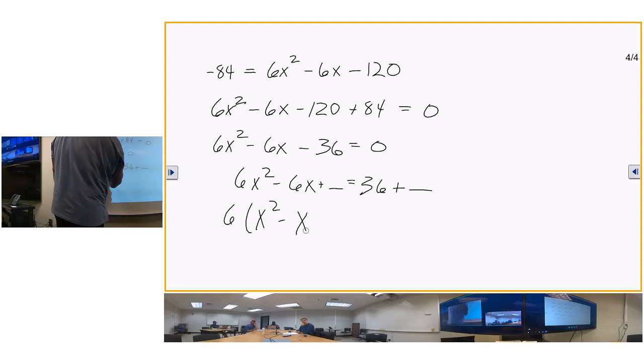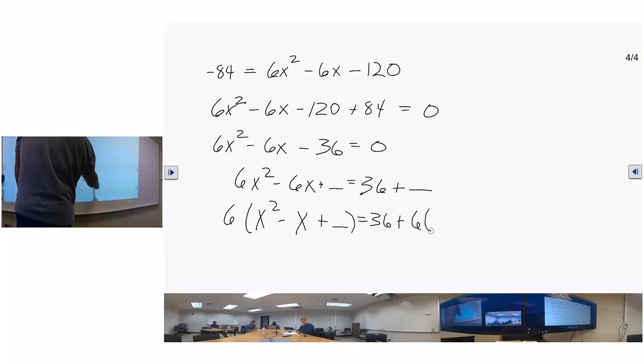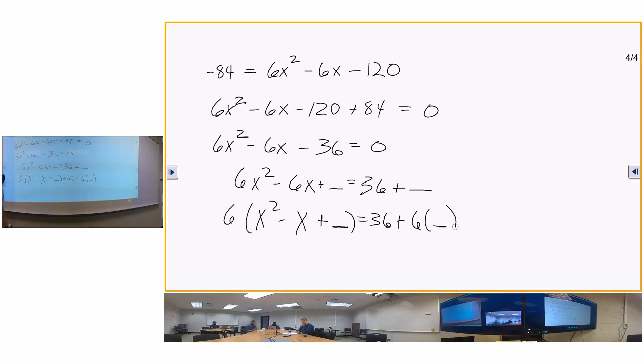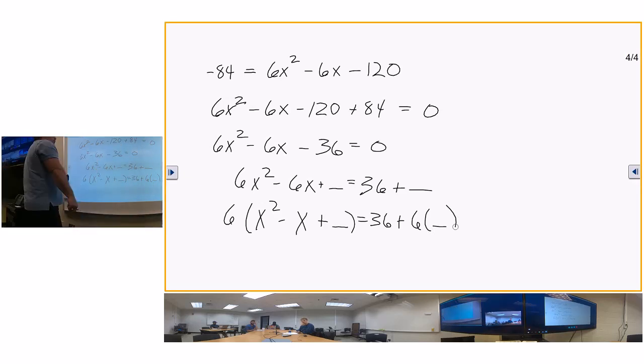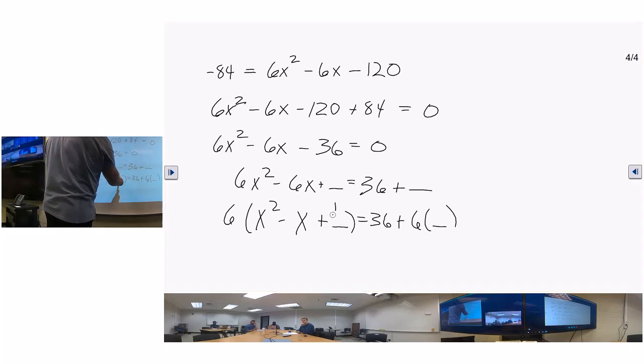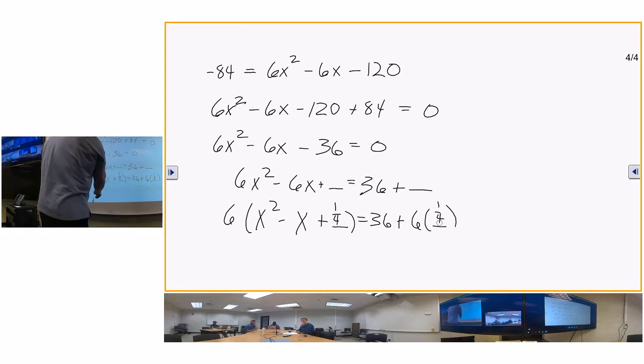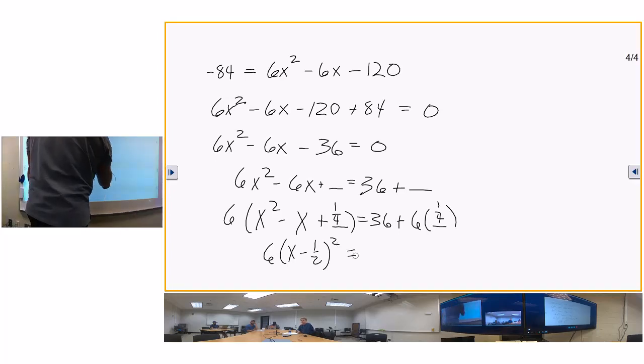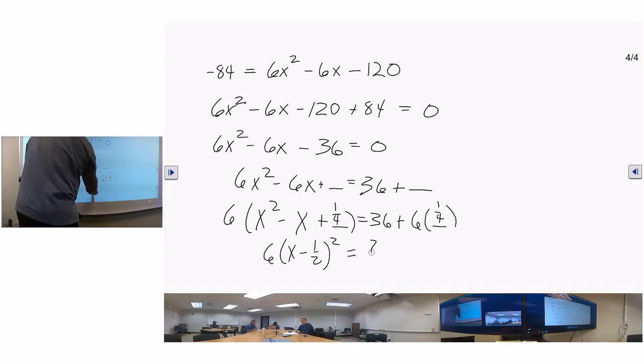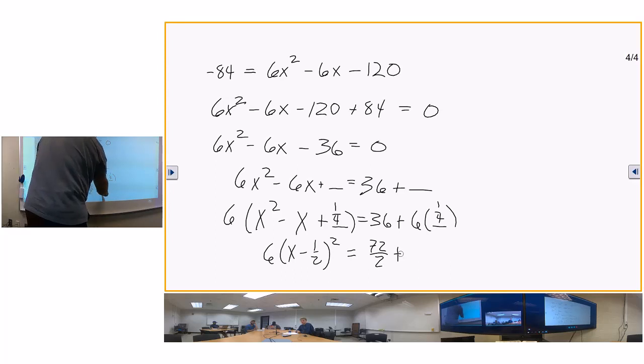Plus blank is equal to 36 plus 6 times blank. And what's half of 1? 1/2. 1/2 squared is 1/4, right? And that's going to be 6 times x minus 1/2 quantity squared is equal to 36. Well, that's going to be 3 halves again, so we're going to change this into 72 halves plus 3 halves.